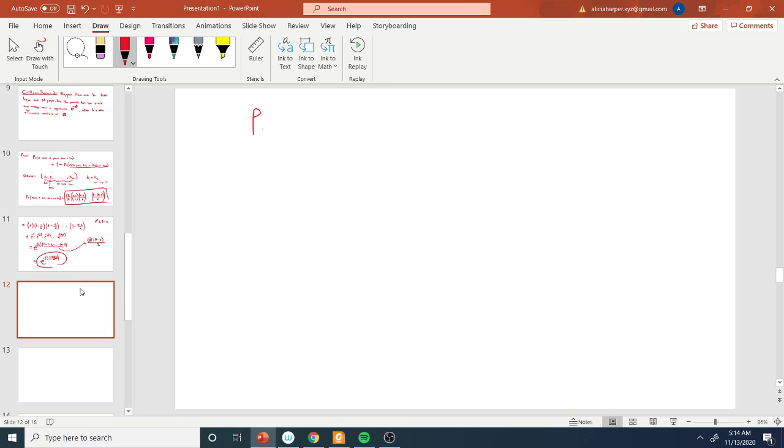So the probability that 2 people share a key is going to be greater than or equal to 1 minus e to the negative 1 over k times n minus 1 divided by 2.